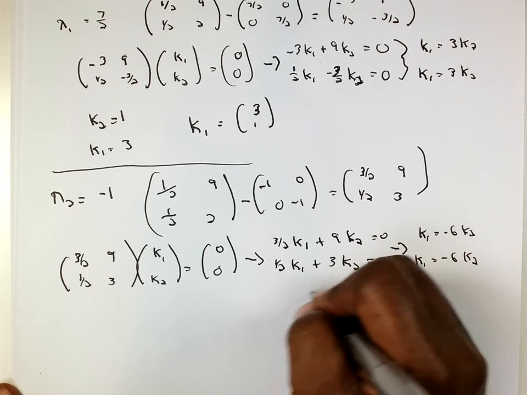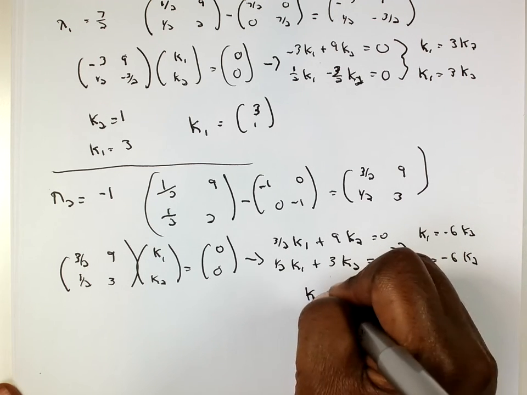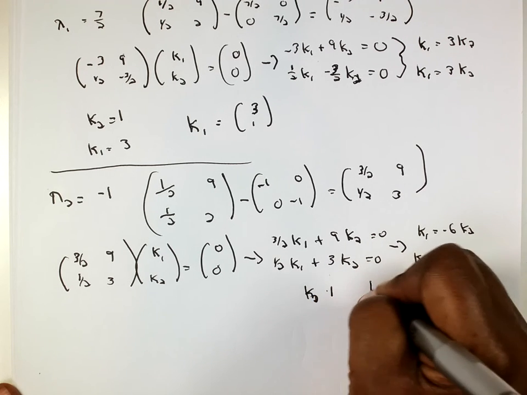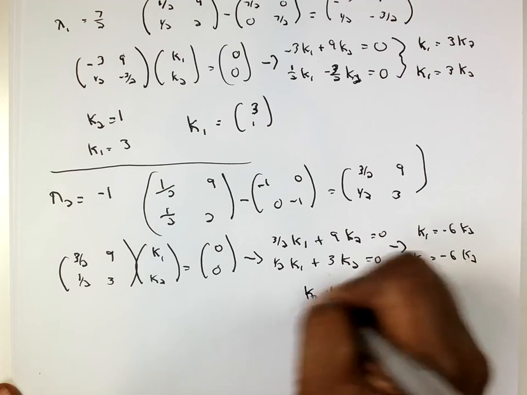So, again, just to pick nice numbers, I'm going to let k2 equal to 1, which means k1 is equal to negative 6.